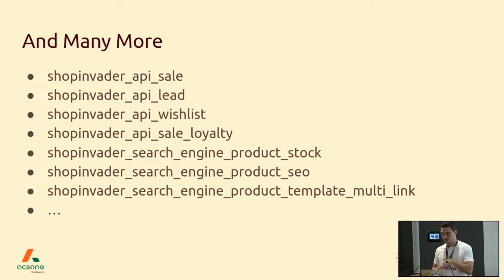You have modules for wish list. If you want to add a contact form that creates a lead in your Odoo, you have something for that also. You have things for cross-selling. A lot of features that you usually see on e-commerce websites are available thanks to those modules.